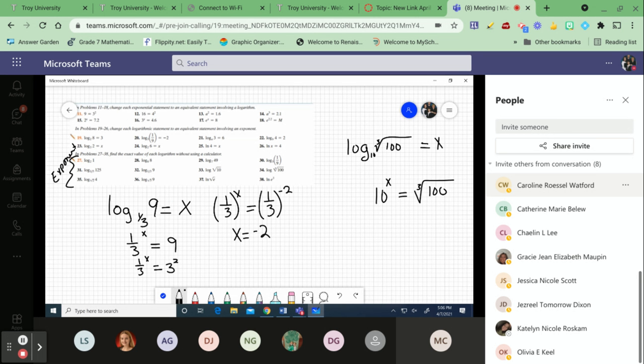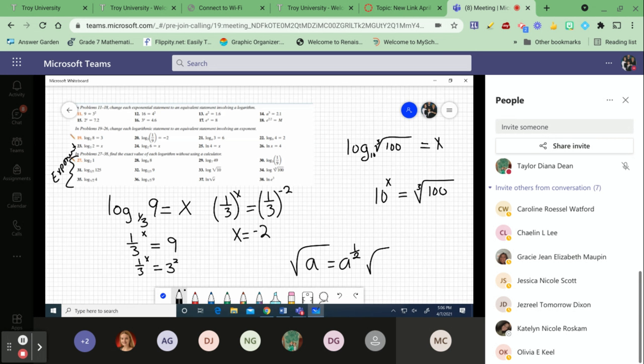How can I write the cubed root of 100 with an exponent instead of a radical? This would be a to the 1/2, right?